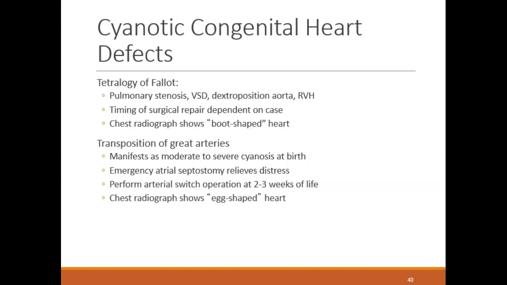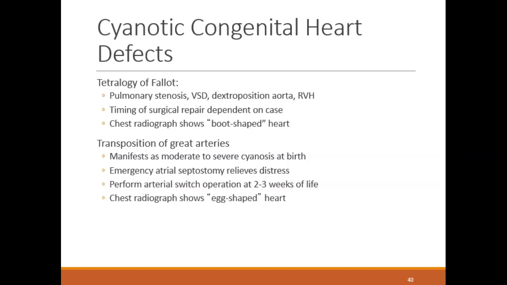There are different severities of this disease. It can be fairly mild, where it's still diagnosed in early childhood, or with severe disease, it's diagnosed pretty much right in the newborn phase before the baby leaves the hospital.